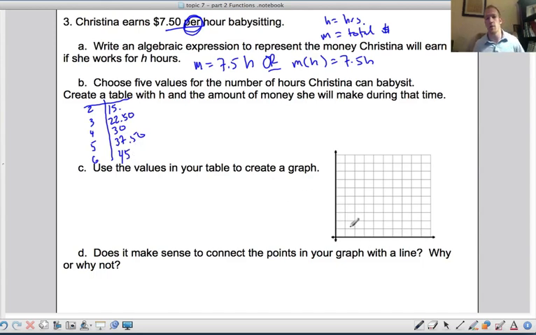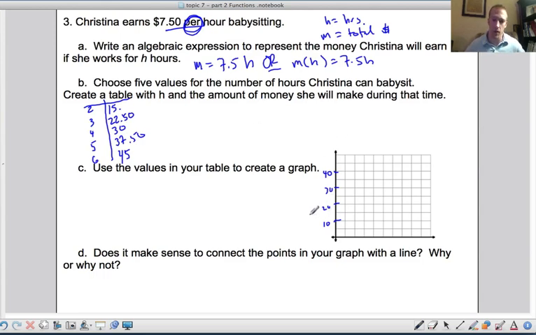Okay, so we're gonna have to adjust our scale over here because there's only 10 boxes, so we obviously can't go up to 45. Let each box count as 5, so that way we got 10, 20, 30, 40. We can fit it. Okay, so our y-axis, that's our dependent variable, how much you make depends on how long you work.